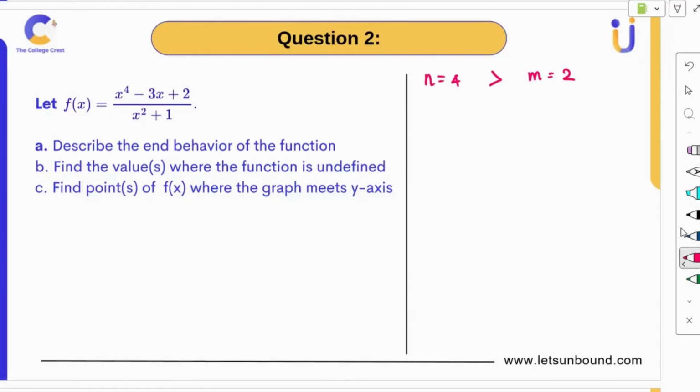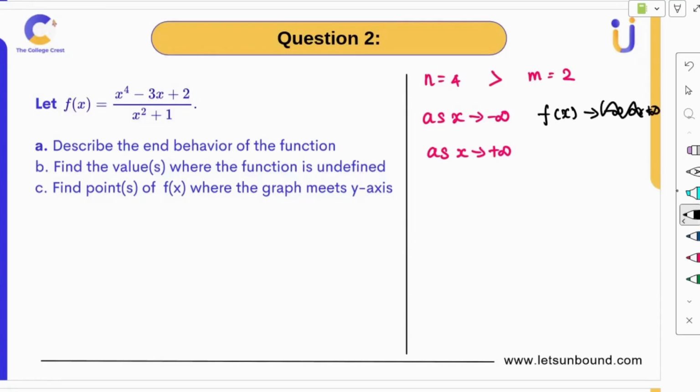That means they are greater, right? So let's go. As x tends to minus infinity, this is how we will describe, right? And as x tends to positive infinity, what happens to f of x? If it's greater, f of x will also approach infinity.